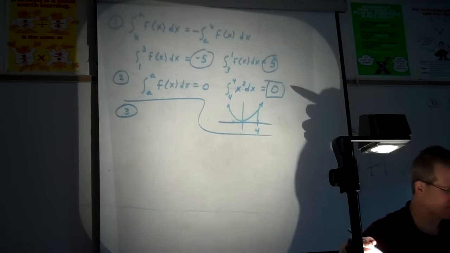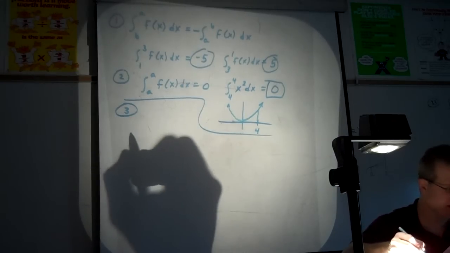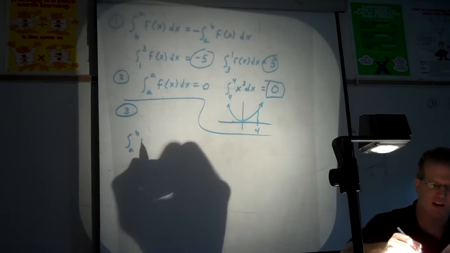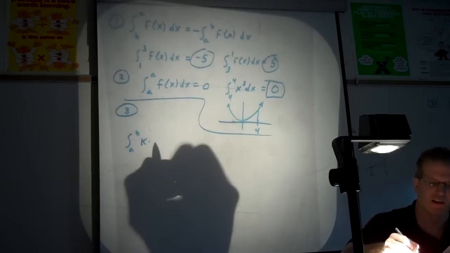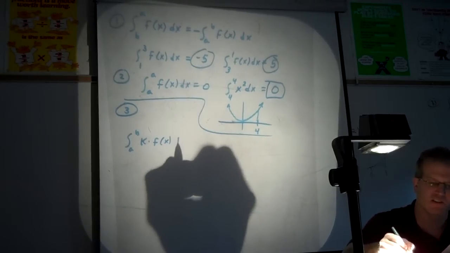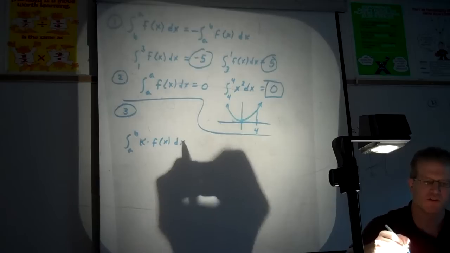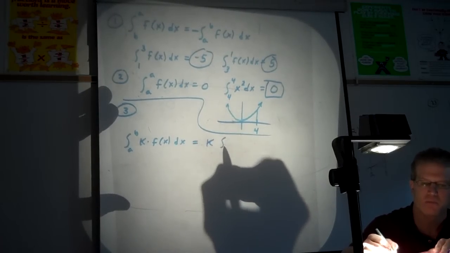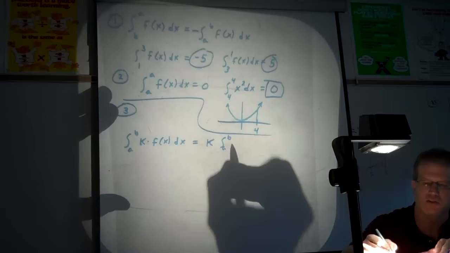Third one is called a constant multiple. It says that if you have an integral from a to b of k, where k is some constant, times some function f of x dx, you can move that constant out front and then evaluate the integral.